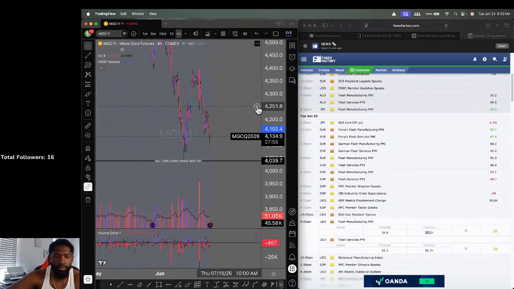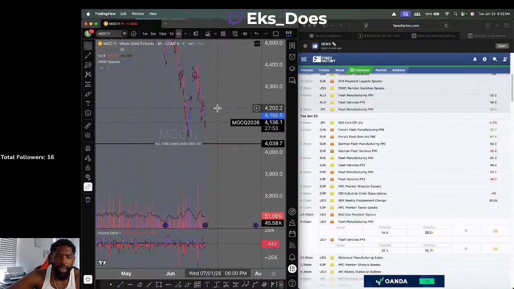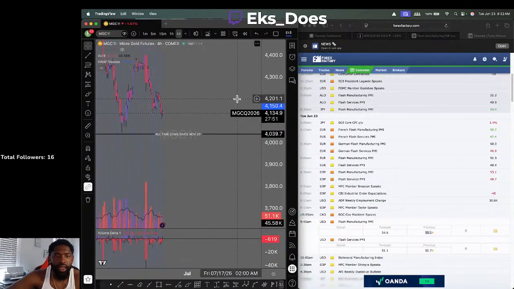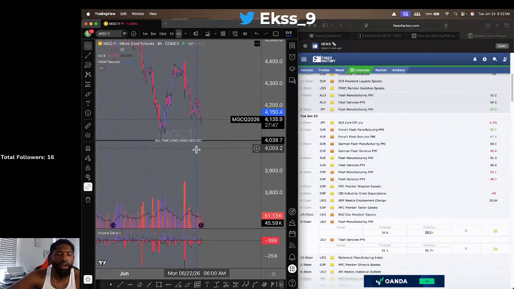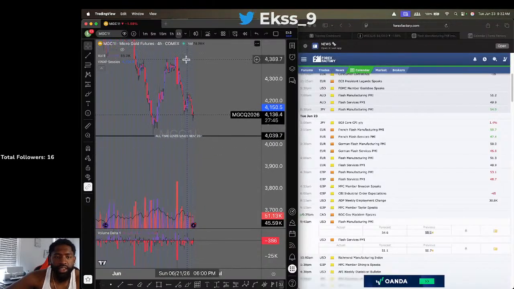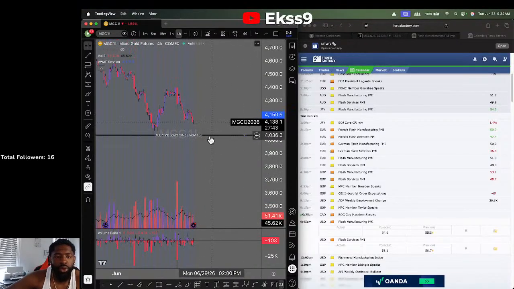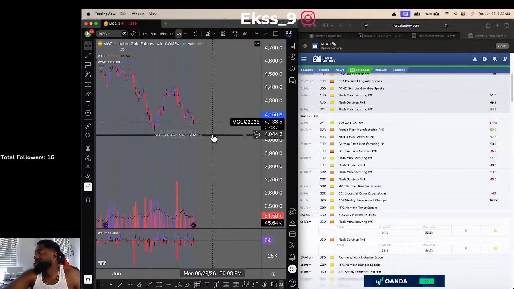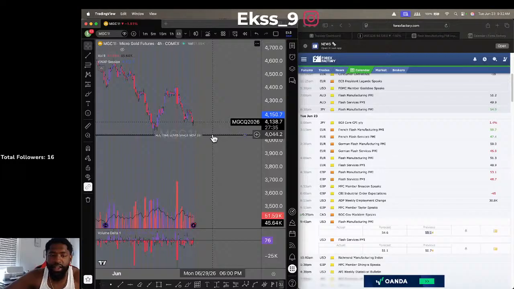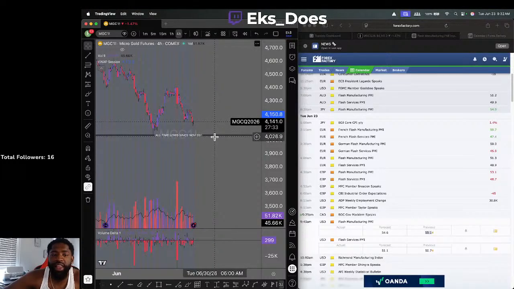And what's actually not surprising is the fact that I was just looking at the higher time frame, and we are at all-time lows since November of last year.